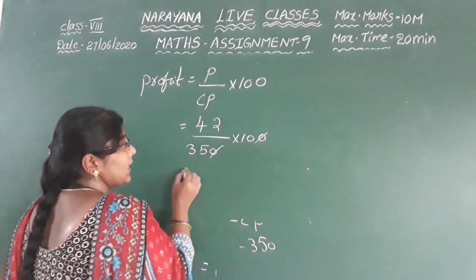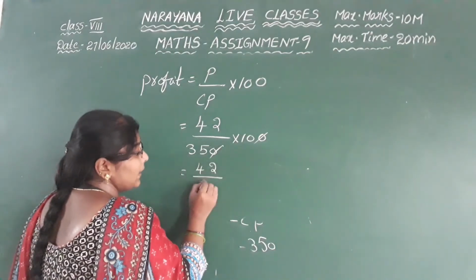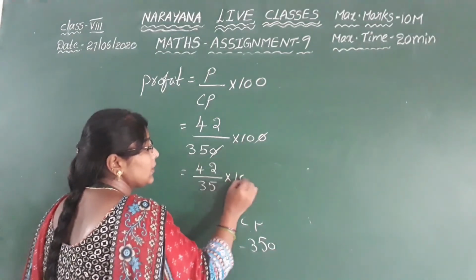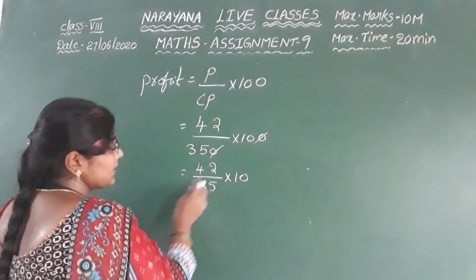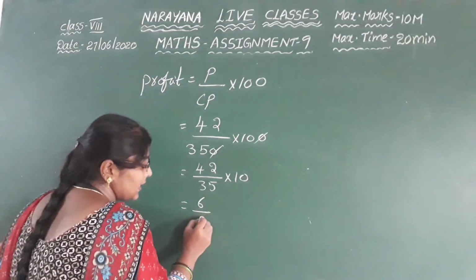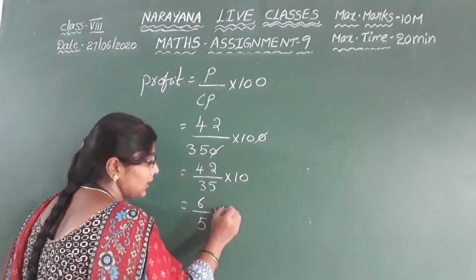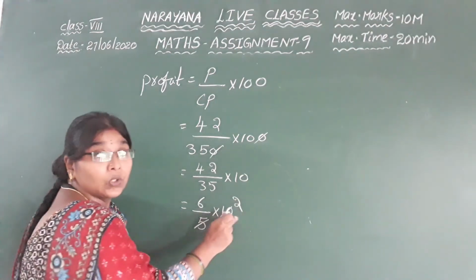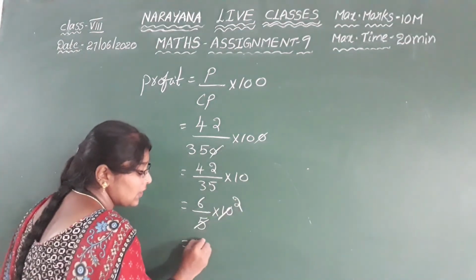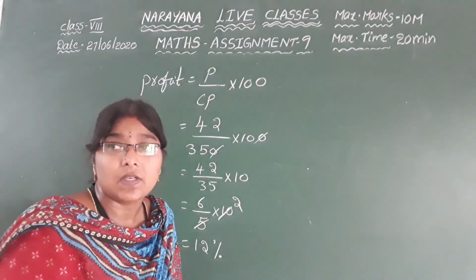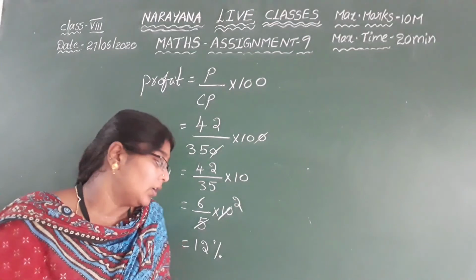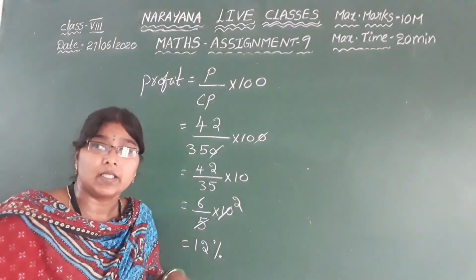So the zeros cancel: 42 by 35 into 10. 42 by 35, 7 times it cancels: 6 and 5. Then 5 cancels 2 times into 10, so 6 2s are 12. So the profit percentage is 12%. Okay, profit percentage 12% we got.